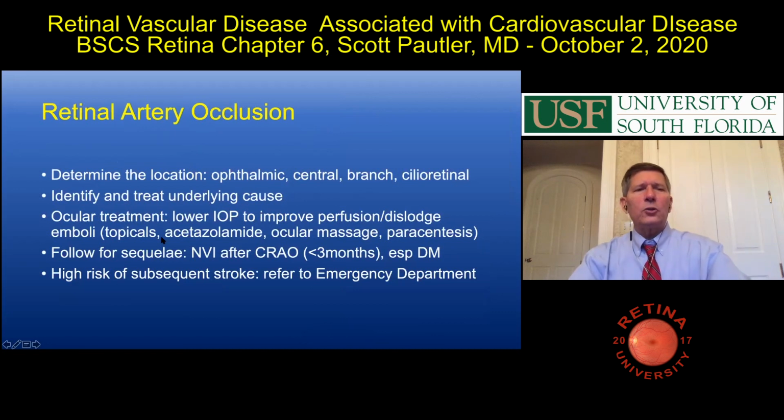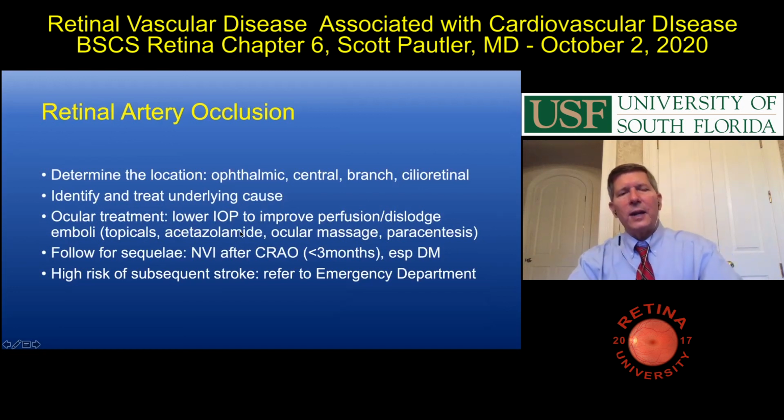And the ocular treatment for an acute occlusion for patients with central artery occlusion is to lower the intraocular pressure. For branch artery occlusion, the prognosis is so positive that rarely do people go through Diamox, ocular massage, or paracentesis.